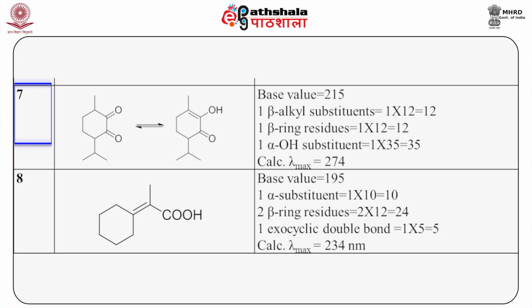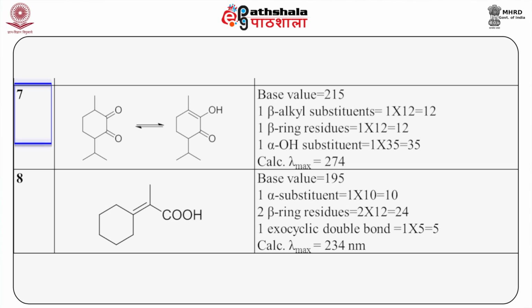Now, we will calculate the lambda max keeping in mind this structure on the right hand side of the equilibrium with a base value of 215 nanometers, 1 beta alkyl substituent giving an increment value of 12 nanometers, 1 beta ring residue giving an increment value of 12 nanometers and 1 alpha OH substituent giving a value of 35 nanometers. Adding them all up, you will get a lambda max value of 274 nanometers.